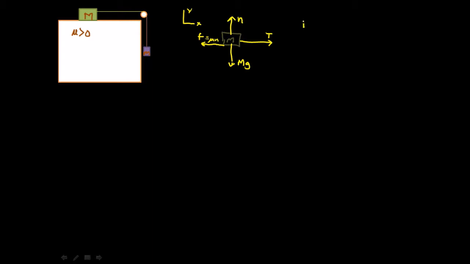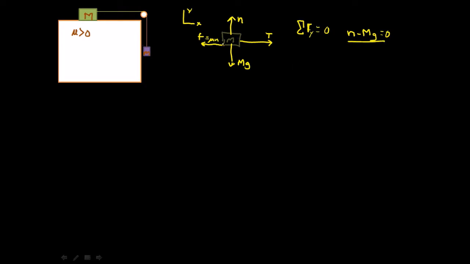So we can write that the sum of the forces in the y direction is 0, Newton's first law. Now, what equation would that give us? Well, up arrow, we have a normal force plus negative capital M times g is equal to 0. That's a sweet equation, okay?